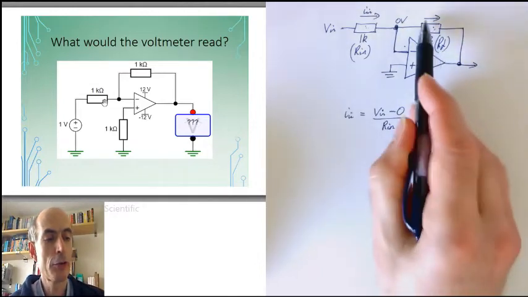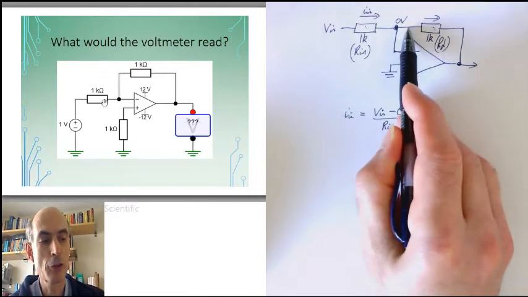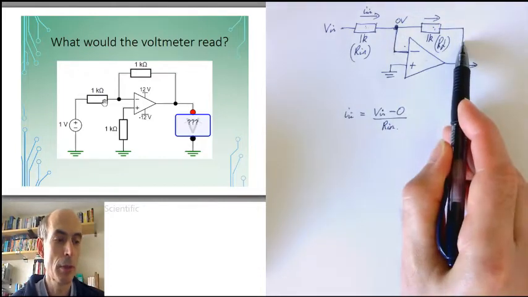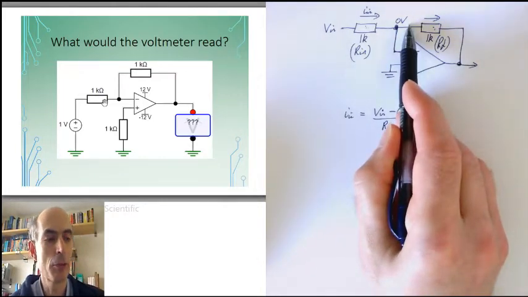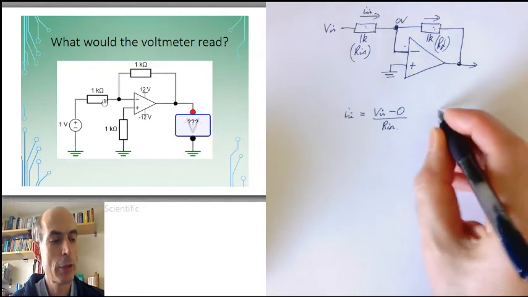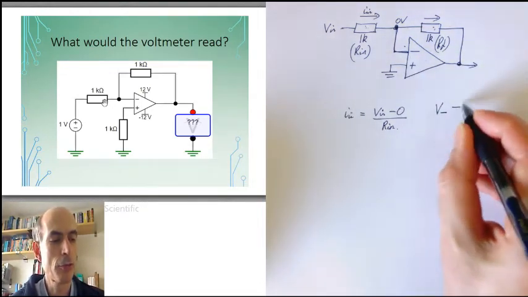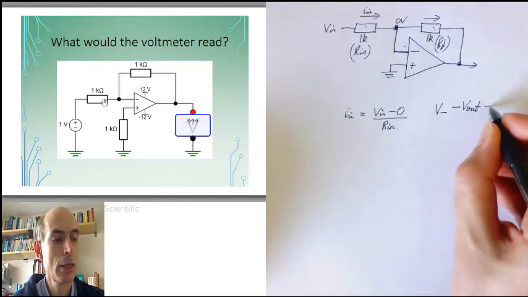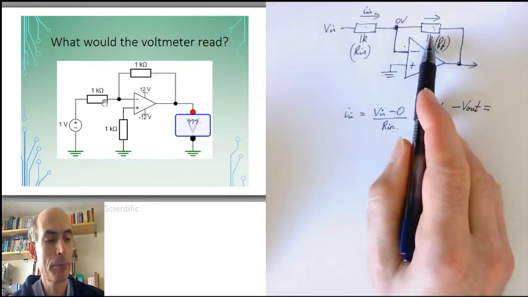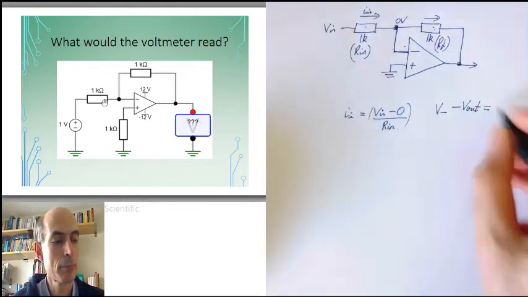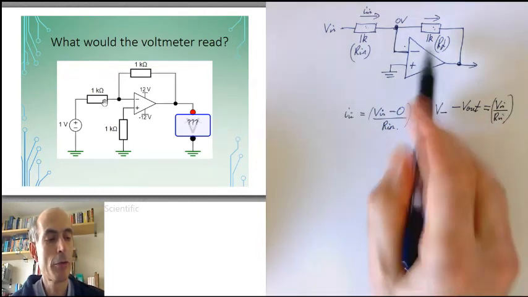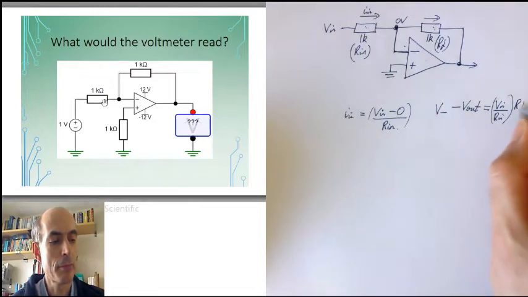And since the current is flowing through it from the inverting input to the output, that would give me that the voltage on the inverting input minus the voltage at the output is equal to the current flowing, which is this, times the value of the resistance, RF in general.